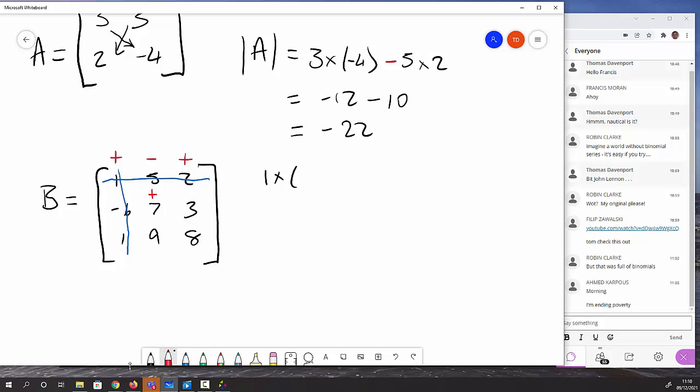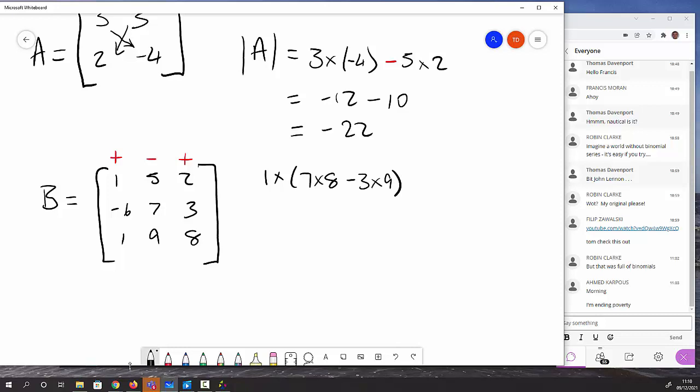And as before, we'll put a plus there and a minus there. So now if I put those values in, I'm going to get 7 times 8 minus 3 times 9. But before I do that, just let me remove some of these lines. So I'm going to get 1 times 7 times 8 minus 3 times 9. Okay, so that's the first one.